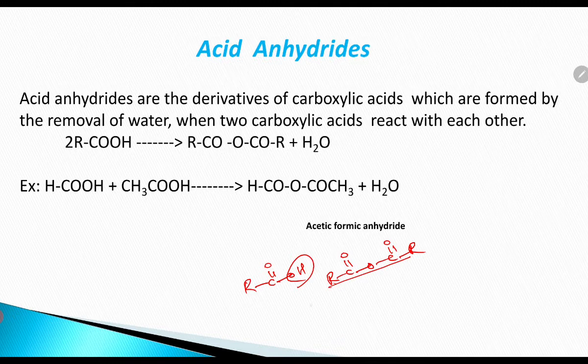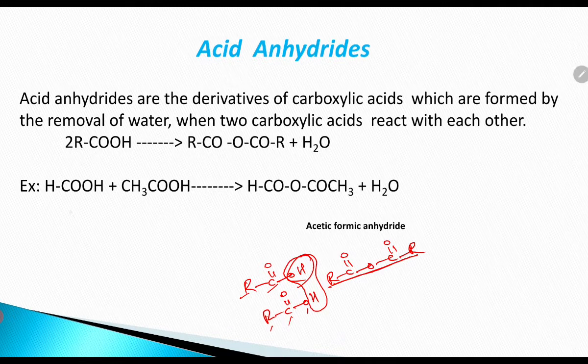If you take two carboxylic acids, H2O is lost and RCOOCOR is obtained. In this way, acid anhydrides are obtained by the loss of a water molecule from two carboxylic acids.